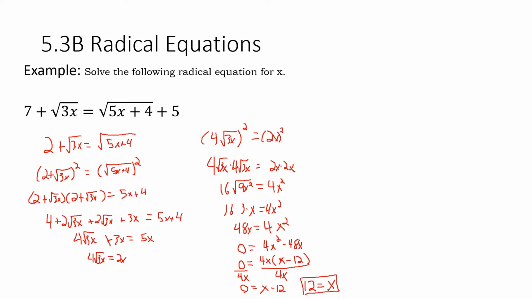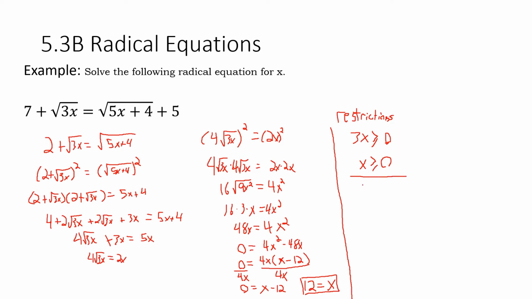So something we need to check here, we need to check the restrictions, and then we'll verify. So we want 3x must be greater than or equal to 0. Divide both sides by 3, and we find that x must be greater than or equal to 0.